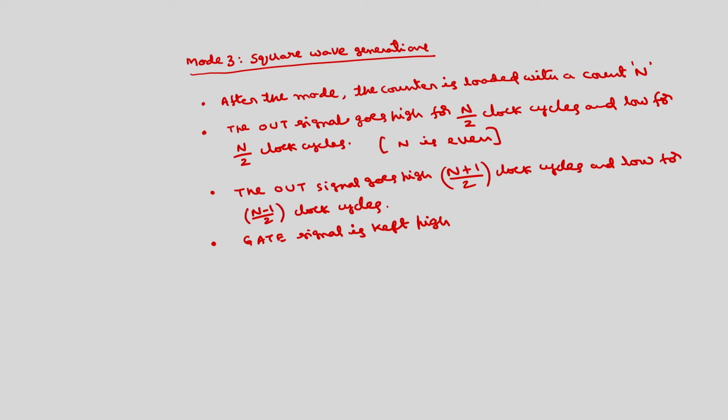So if I take the waveforms, if I take the clock waveform here, this is the clock of any particular counter. You have 3 counters, you can use any of these counters, you can program in mode 3. With respect to this clock, how will the out signal vary, for both the cases n is even as well as n is odd.